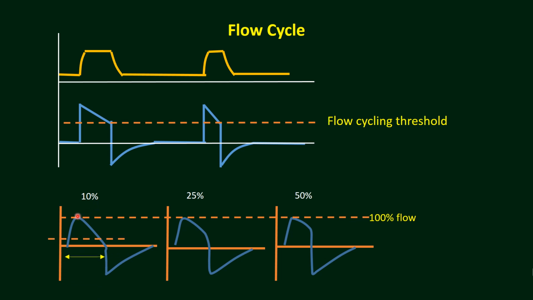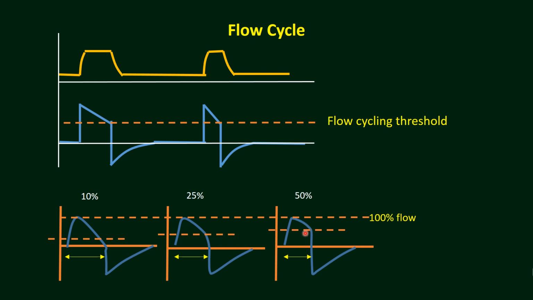That means when flow is getting reduced or coming down, when the percentage of maximum flow delivered reaches 10%, say here it is gradually coming down, 70%, 50%, and when 10% of this maximum flow is being delivered, the inspiration will be ended. Here it is 20%, 25%. So, when 25% of flow is delivered here, inspiration ended and expiration started, and here it is 25%.